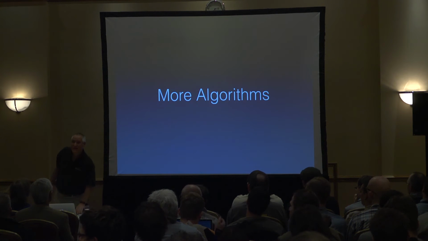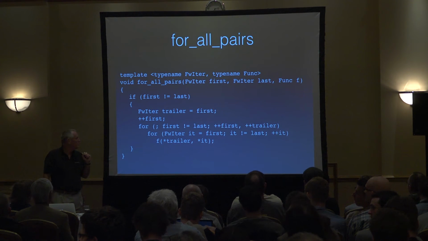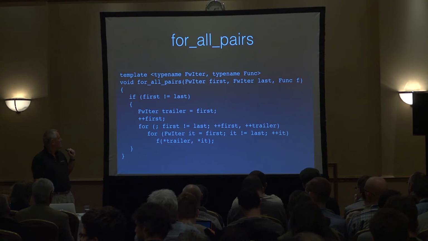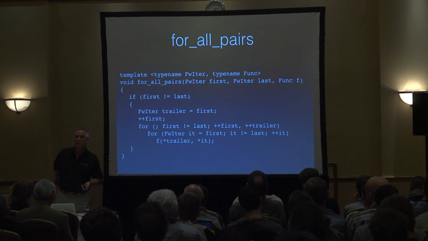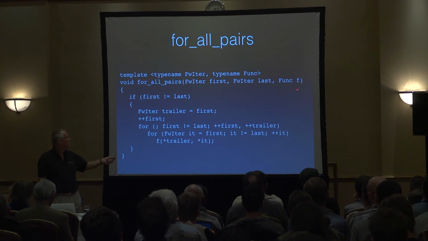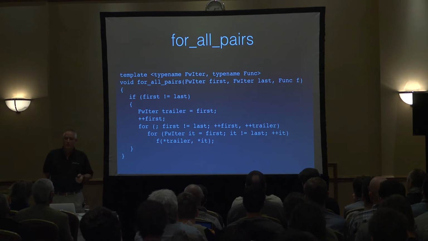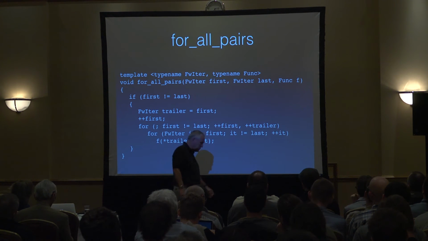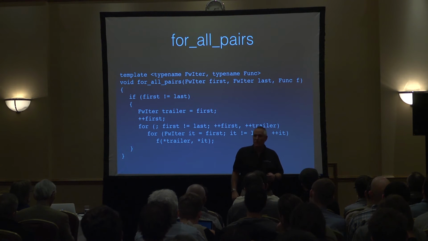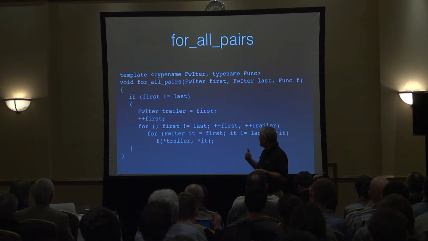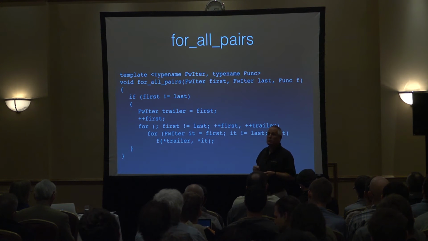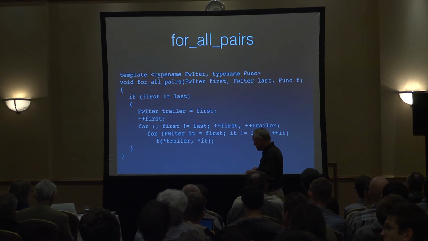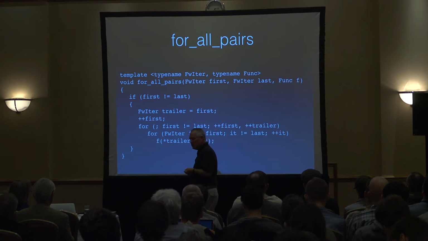Question? Yes, previous example, function predicate, why isn't it passed by reference? I'm sorry, why is it passed by reference? It's passed by value. Yeah, I mean, it isn't passed by reference. Oh, it isn't because the original idea for this was that functors would be fairly cheap. You can think of function pointers. Also, you can think of std::function.